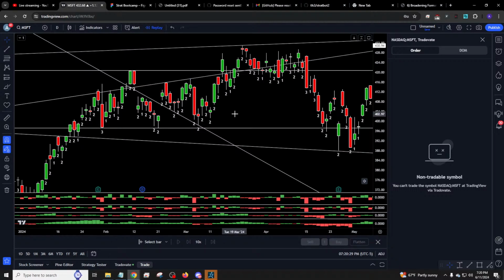And I apologize. So his question was, if we're drawing broadening formations on the day, is it good to take trades in the middle of the try after identifying the participants on the 4 time frames? Or should we look to trade at the edges of the broadening formation reversal, more so back through the range?